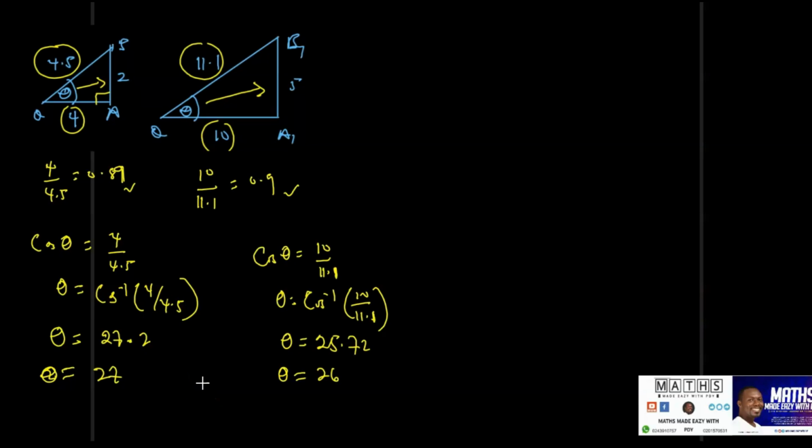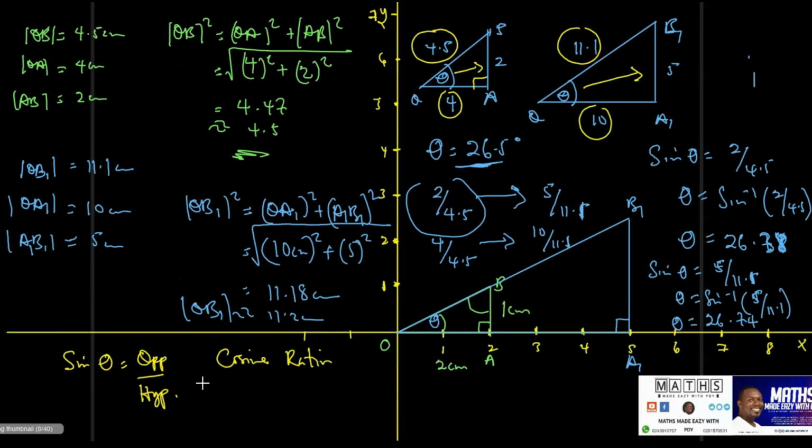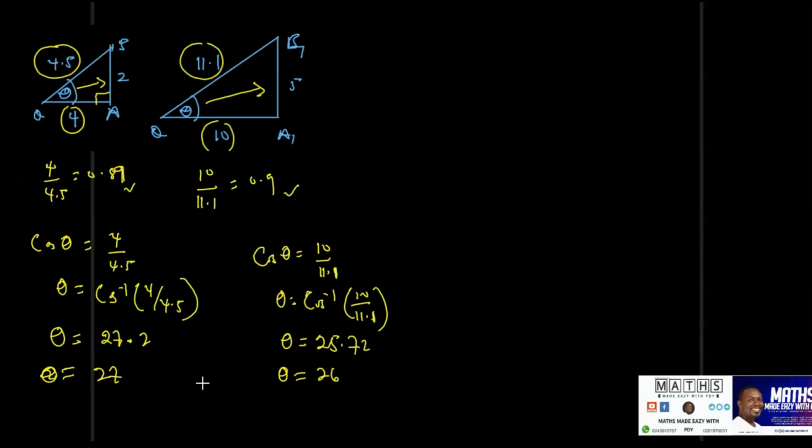I will give 27, not 26. From the sine, it was 26.5, which is approximately 27. So ideally the theta value must be 27.